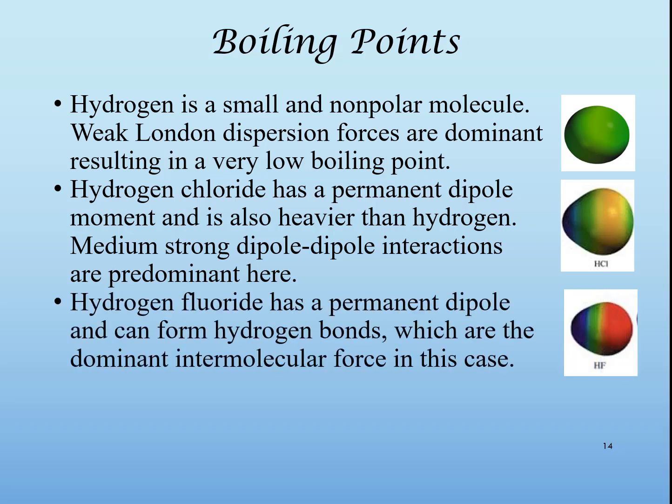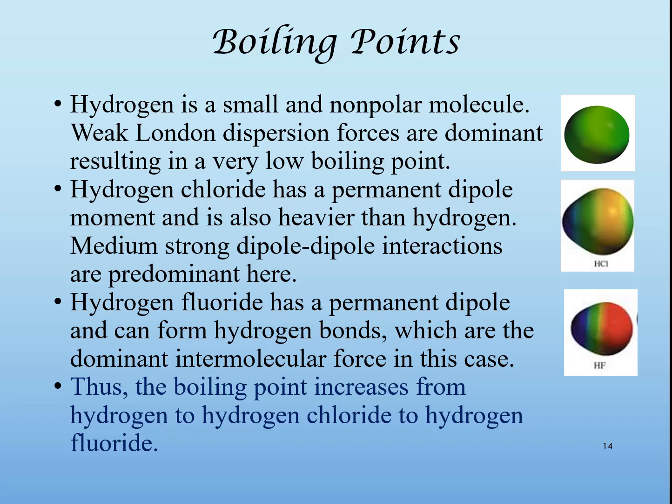And in the case of hydrogen fluoride, we have a large permanent dipole, and fluorine, as oxygen and nitrogen, can form strong hydrogen bonding, which are the dominant intermolecular forces here. Ultimately, we see that the boiling points increase from hydrogen over hydrogen chloride to hydrogen fluoride.